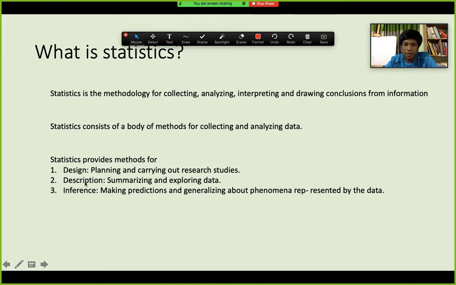Then description of that data, summarizing and exploring the data: what we will do, how we will explore it, how we will take the data, and so on. Then inference is making the prediction or making the decision about the data. So these are the three steps, or methods, of statistics.